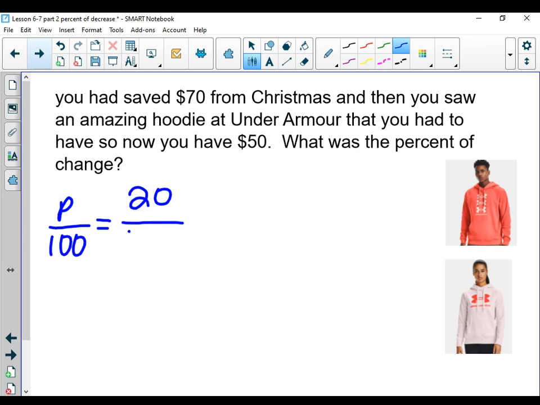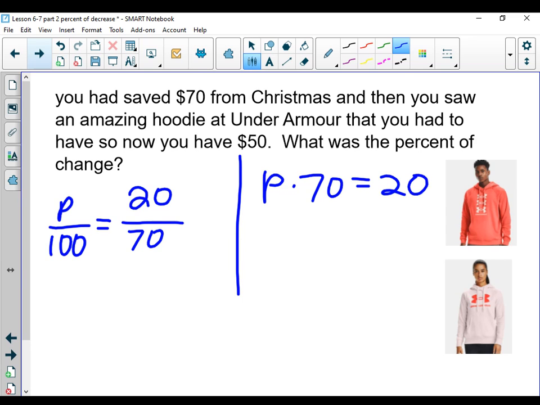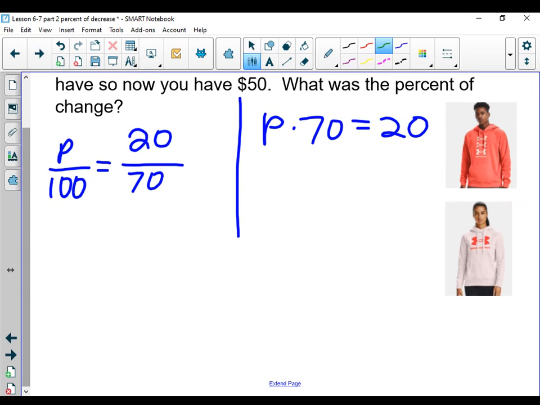It used to cost 70. Cross productors, go. Equationers, go.